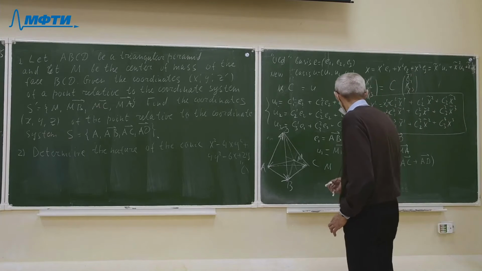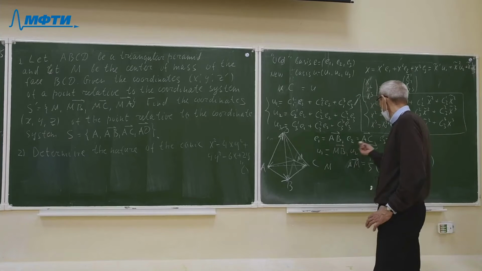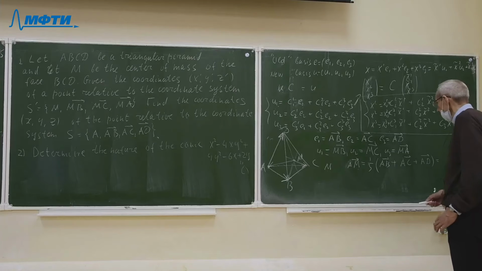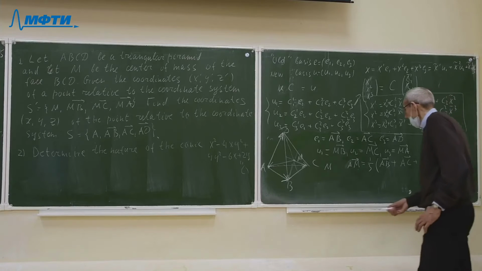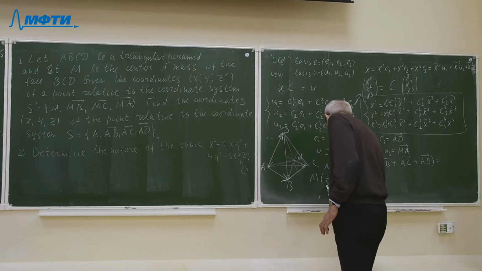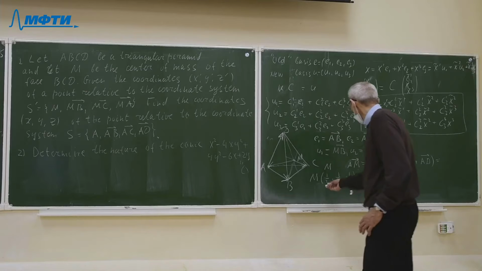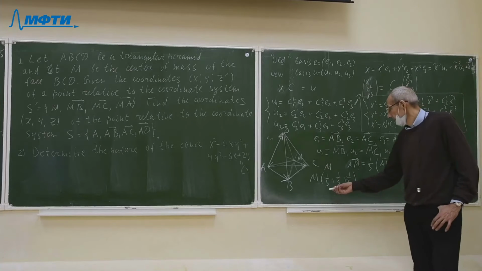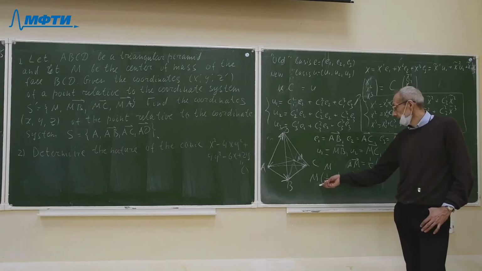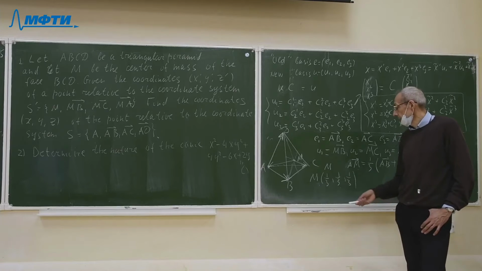In terms of the old basis, we obtain that the coordinates of point M are 1/3, 1/3, 1/3. By definition, what does it mean that the coordinates of the point M are x, y, z?